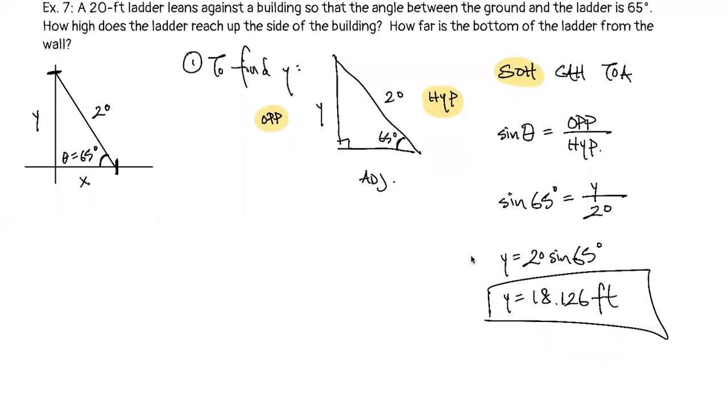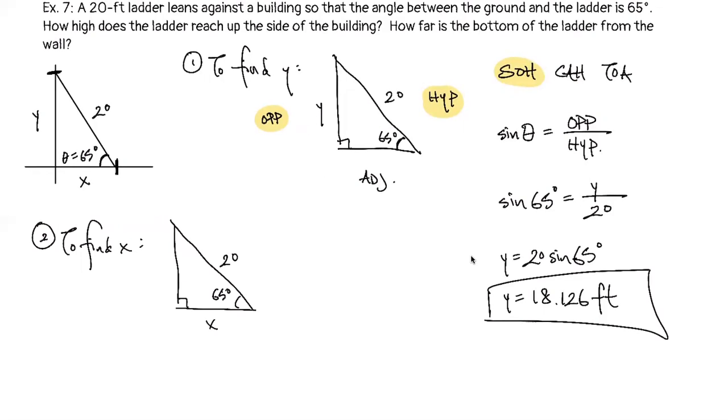Now let's take a look at how far the bottom of the ladder is from the wall. To find X, let's redraw this diagram real quick. I've got my 65 degrees, X, and 20. Let's see what we have this time.